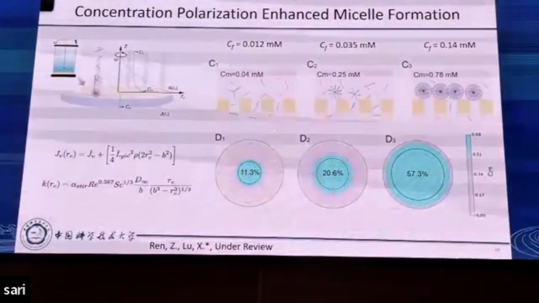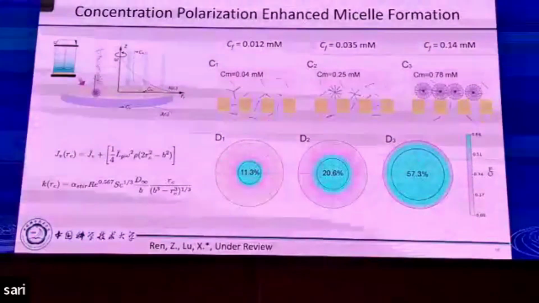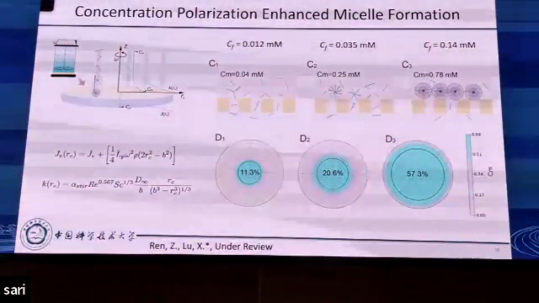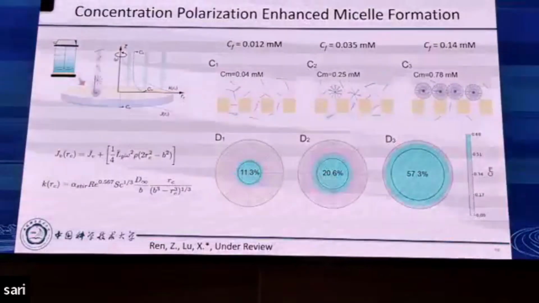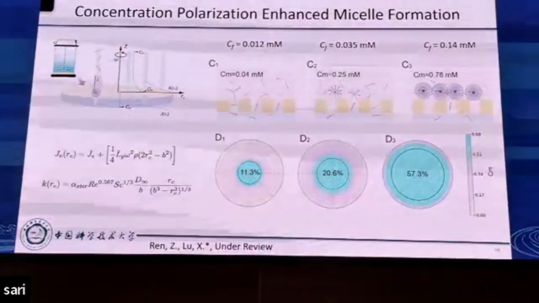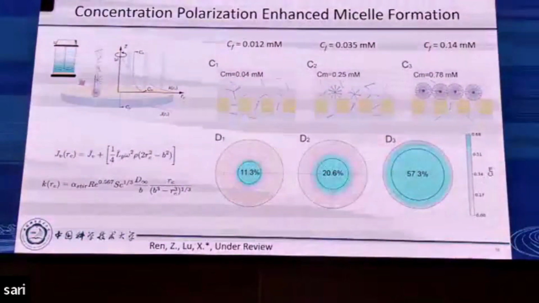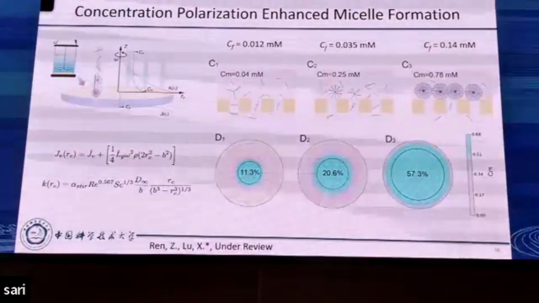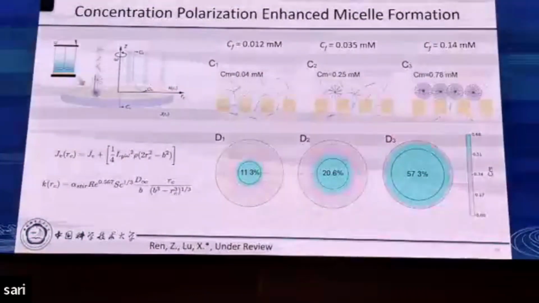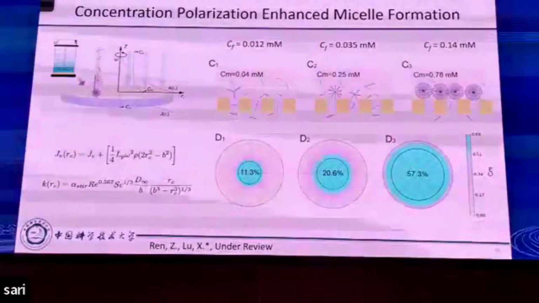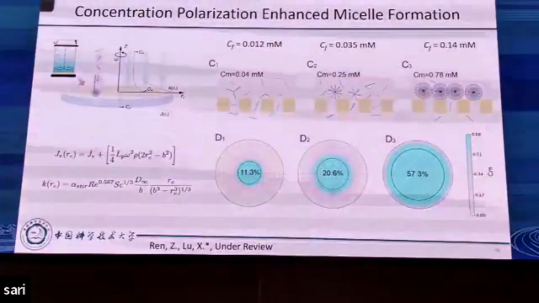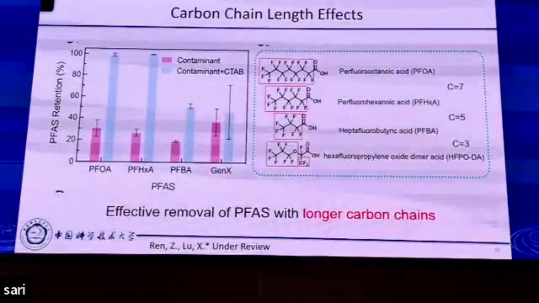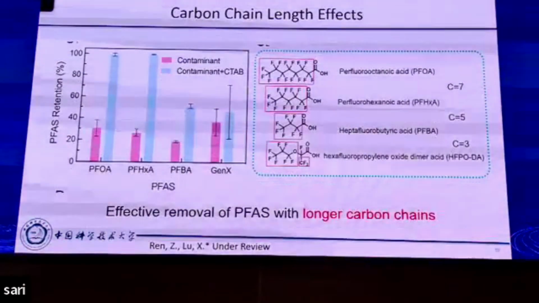We can see that even with a low concentration of CTAB in the bulk solution, the concentration on the membrane surface is much larger than you would expect. In this case, they can still form aggregates, pre-micelles, or even micelles. That's the reason we achieve near complete rejection of PFOA using just a low-pressure UF membrane system.